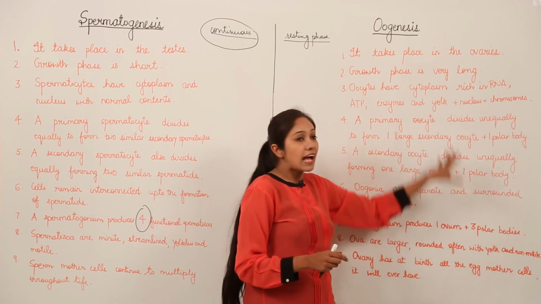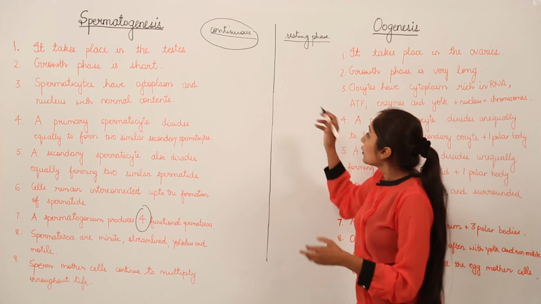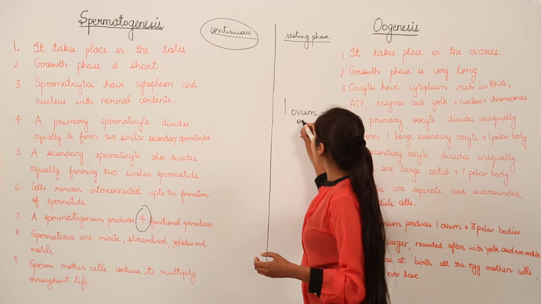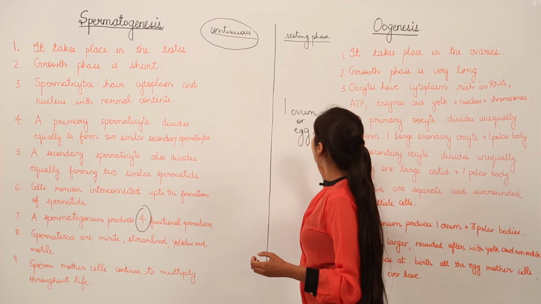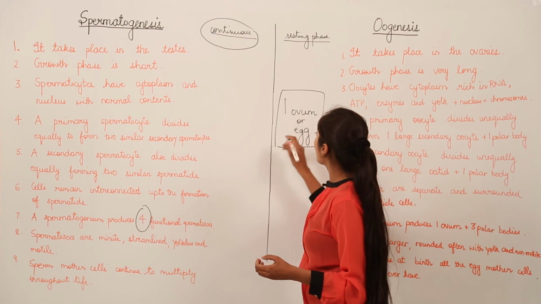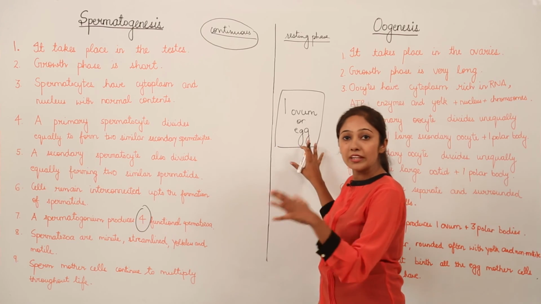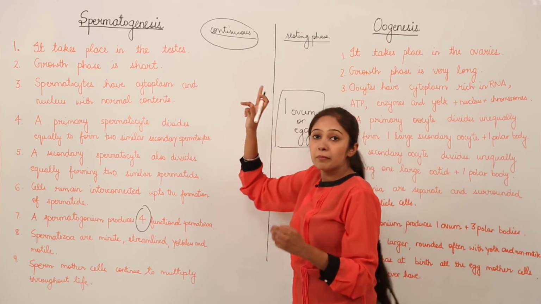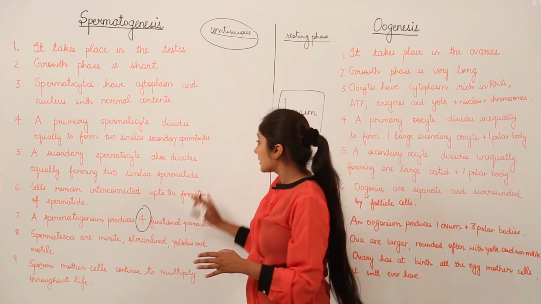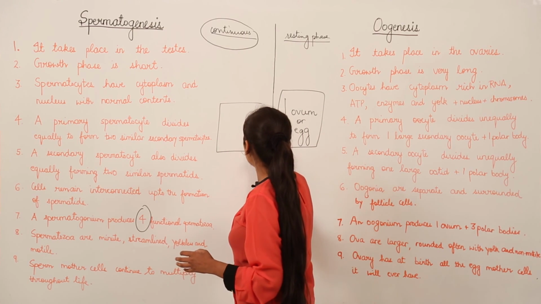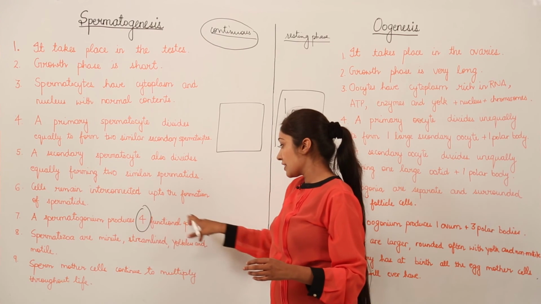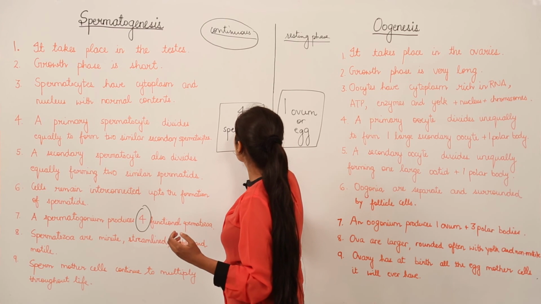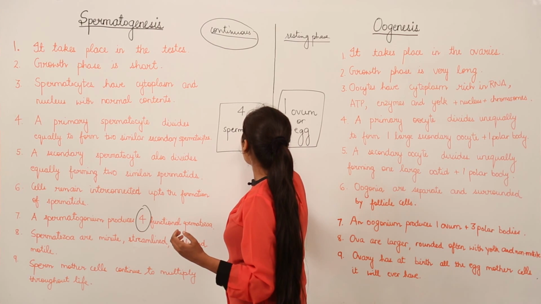So as a whole we can summarize that only one ovum, or you can say egg, is going to be produced after this complete process. But in spermatogenesis, you all must remember that we will have 4 spermatozoa. But what about the other cells?